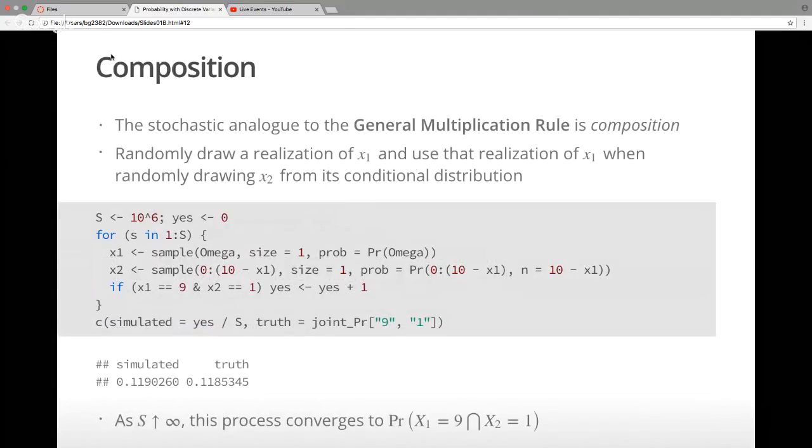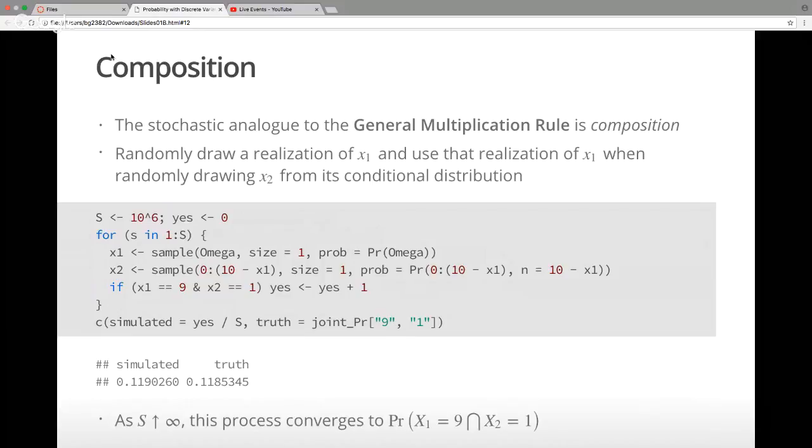Okay. So someone was mentioning simulation, and that's going to be a very important aspect of the semester because that's often the only way that we can go forward. But the simulation analog to the general multiplication rule is something that I call composition.